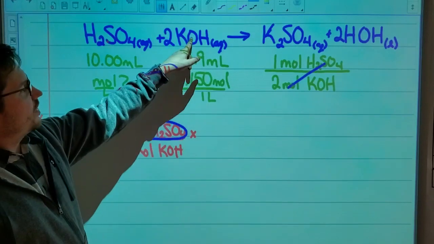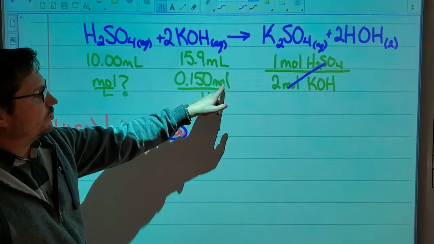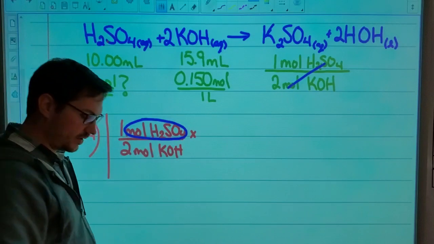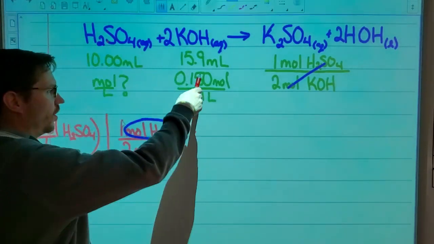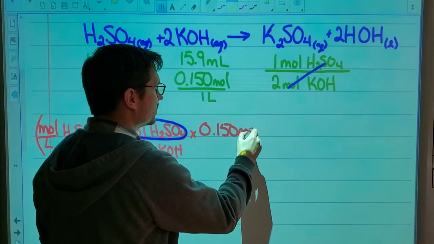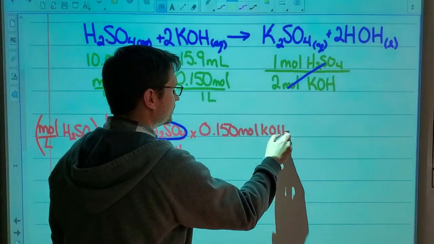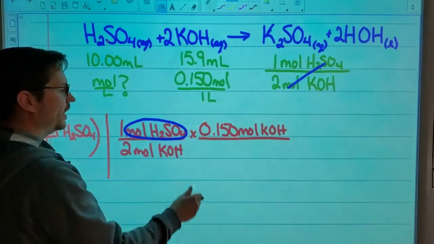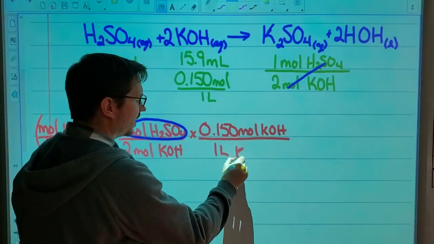Moles of KOH. Look under KOH and find moles of KOH. So that's the thing that we're going to be using, that concentration: 0.150 moles of KOH over 1 liter of KOH.